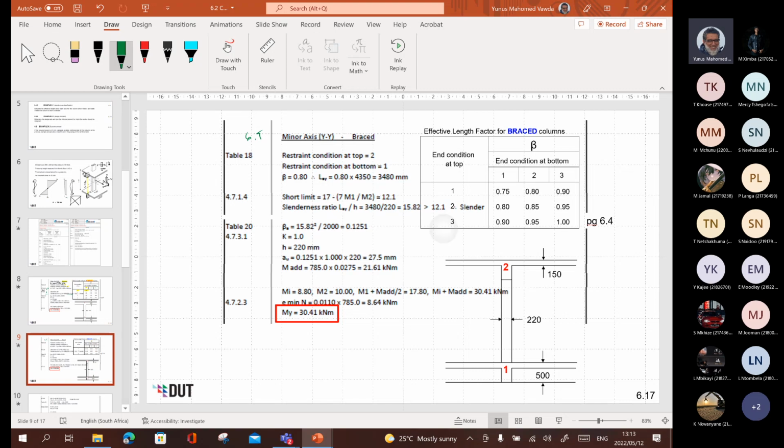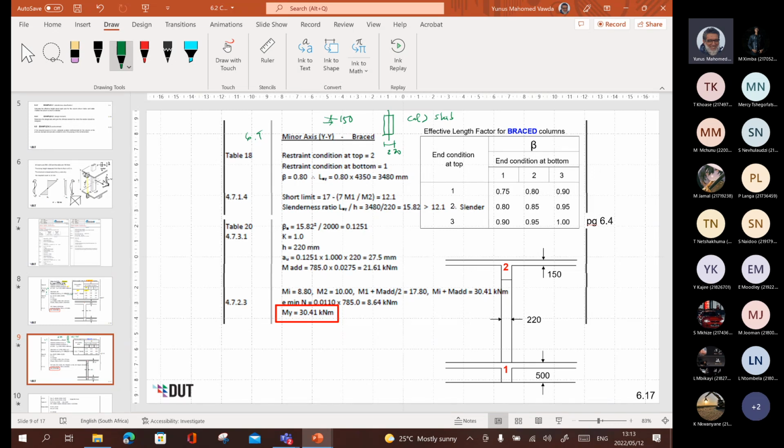Because the slab is the only thing you've got there, and the slab is 150 thick, right? The column dimension in that axis is 220. So column is greater than slab. There's no beam in that perpendicular direction, you only got the slab. So 150 is less than 220, or 220 is greater than 150. So it's end condition 2.